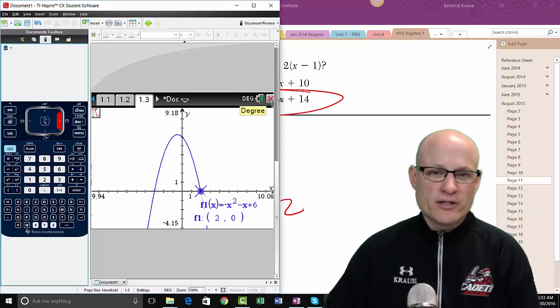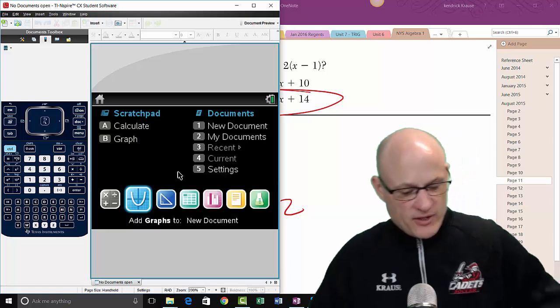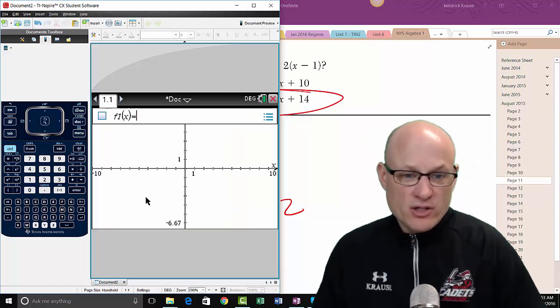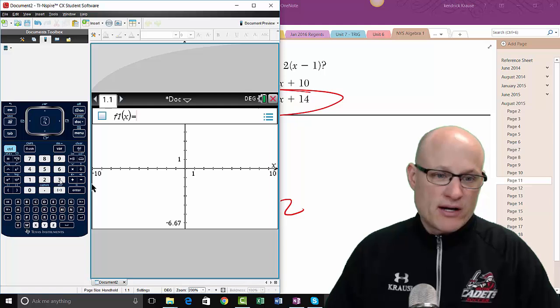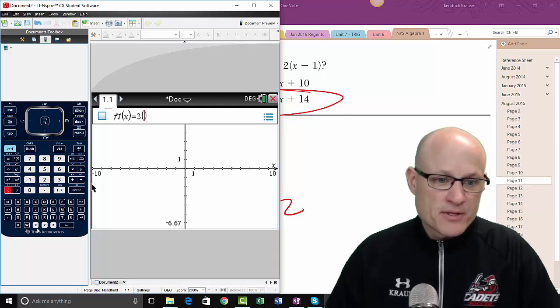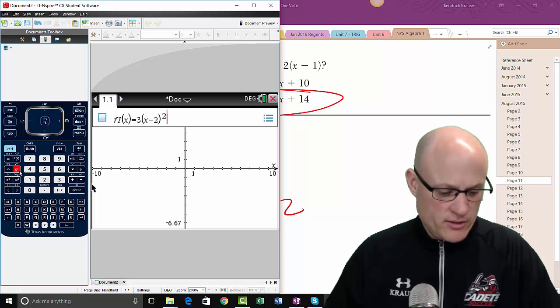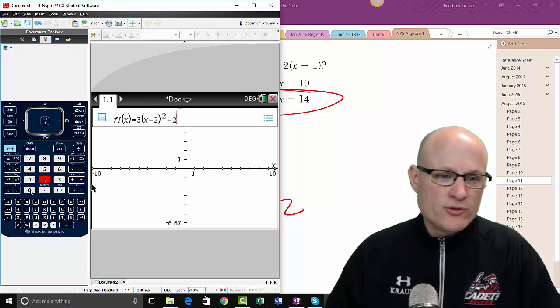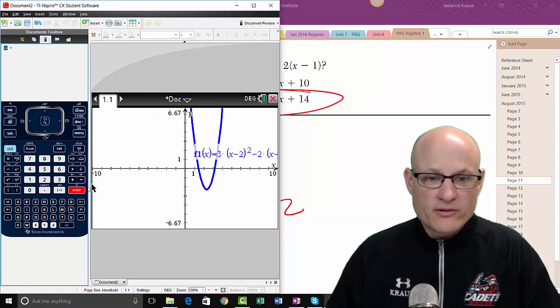So I'm going to graph the original, and you can graph any crazy thing. I'm going to graph 3 times (x minus 2) squared minus 2 times (x minus 1). I'll graph that sucker. There it is. And then I'm going to graph the answer I came up with.